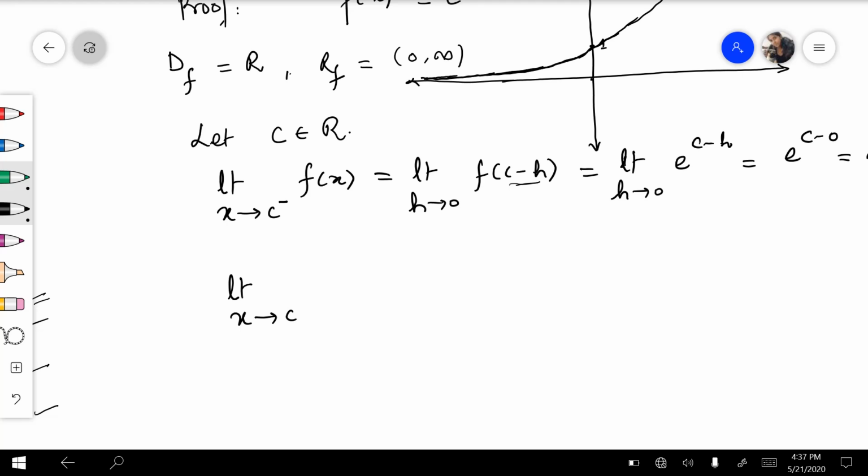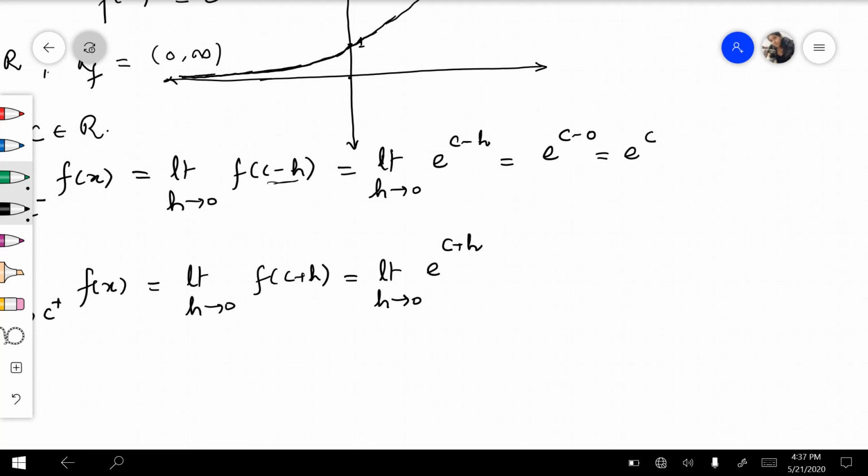Right hand limit at c, again limit h goes to 0 of f of c plus h, which is equal to limit h goes to 0 of e raised to power c plus h. Since it is not attaining the indeterminate form, we can replace h by 0, so this will be equal to e raised to power c plus 0, which equals e raised to power c.